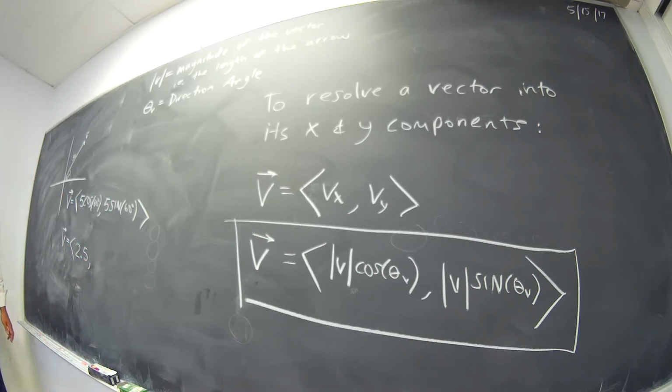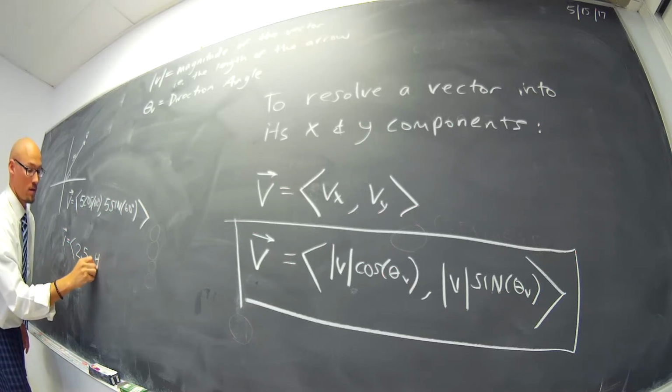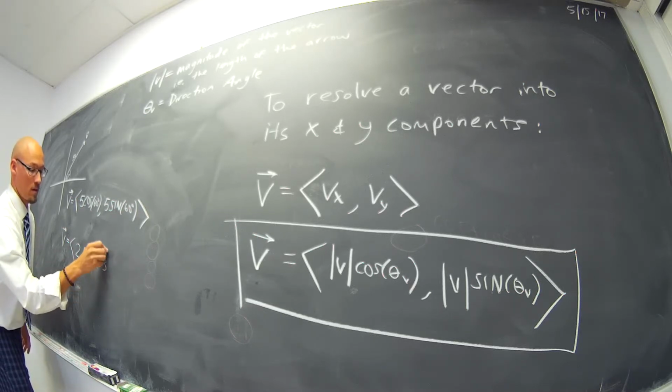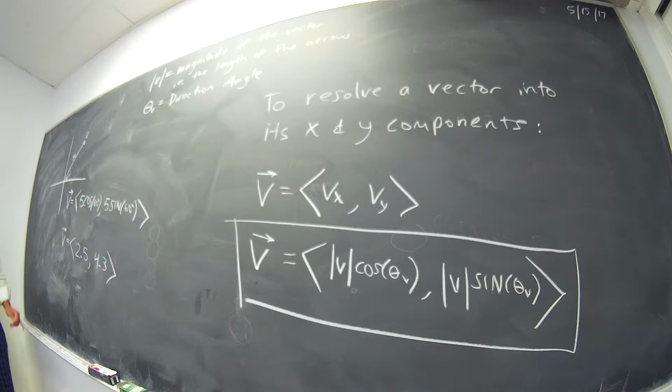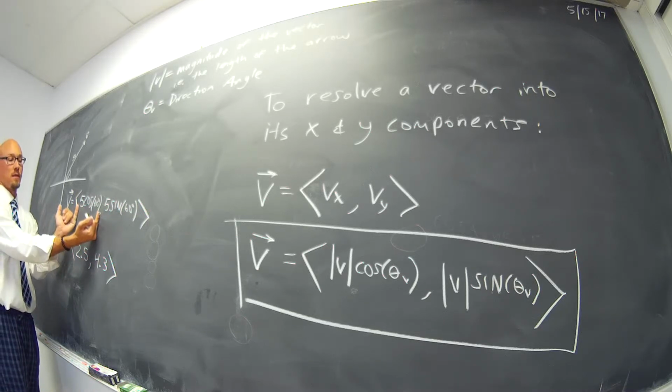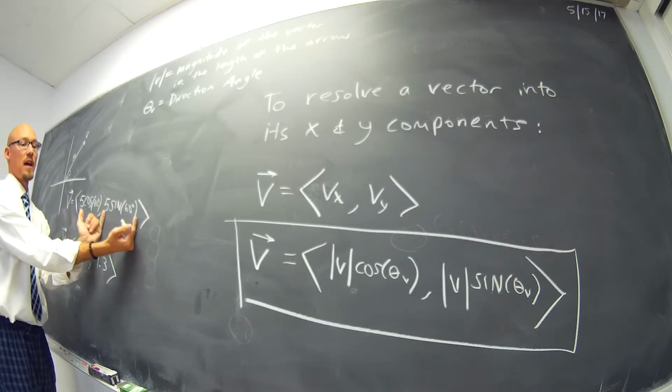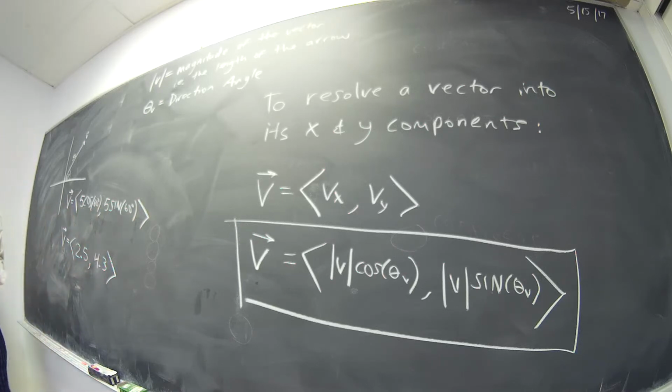comma, and that's 4.3. Wait, how do you know that x is 5? Because 5 cosine of 60 is the x component, and 5 sine of 60 is the y component. On the graph, how do we know that x is 5? X is not 5.